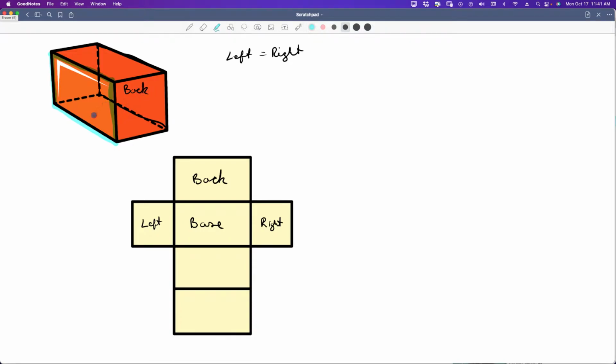The back is going to be the same size and shape as the front. That's what we kind of have here. We can do the look across and they line up exactly. So the back and the front are going to be the same. So you can find either the back or the front and multiply it by 2 in order to get the surface area for both. Now, let me erase all of this right here.